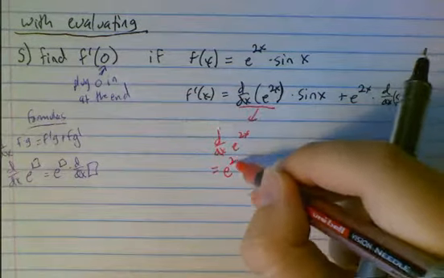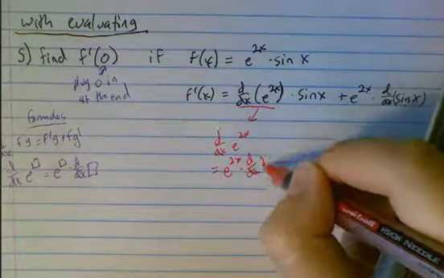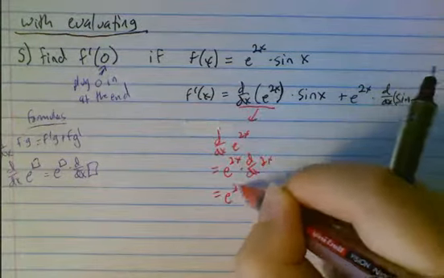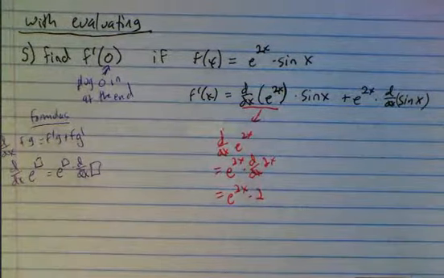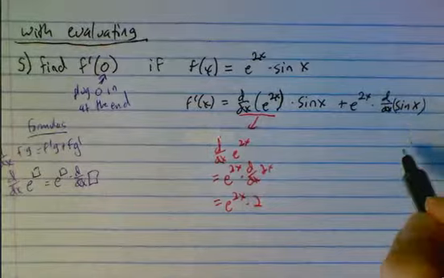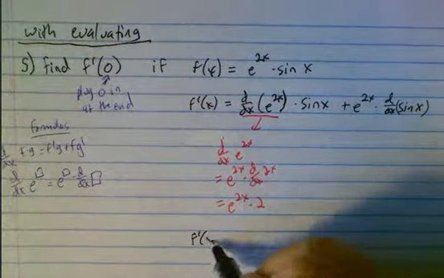That's still going to be e to the 2x times the derivative of 2x. Derivative of sine x is just cosine of x, so we don't need to work that one out, although you can if you want.